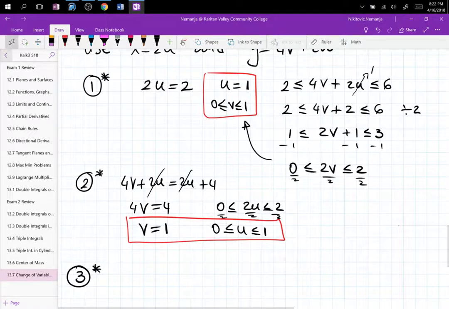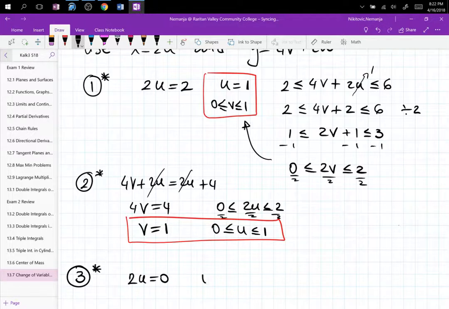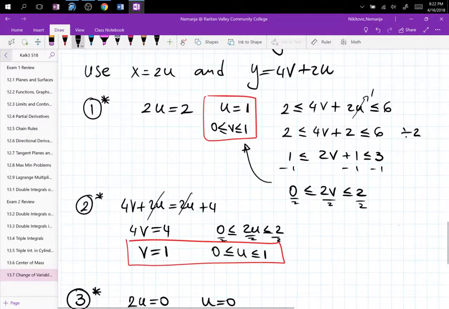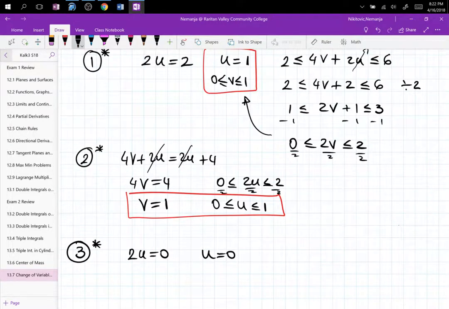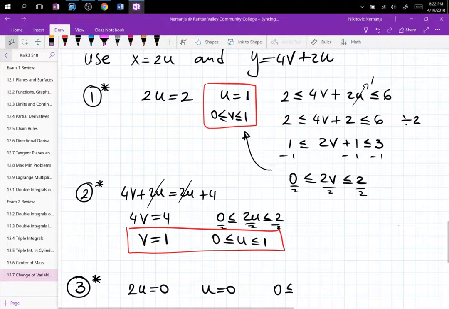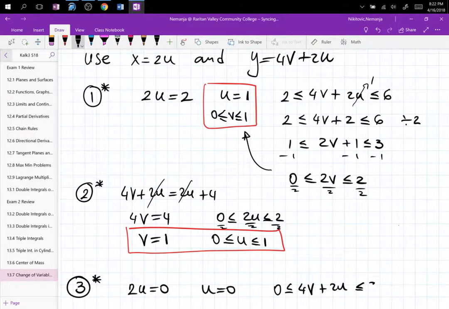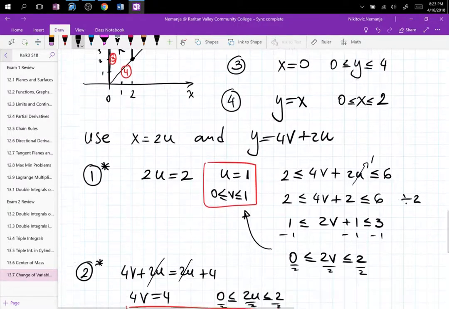x equals 0. Well, x equals 0 is 2u equals 0, so u equals 0. Nice. And y is between 0 and 4. So 0 less than or equal to 4v plus 2u, less than or equal to 4.